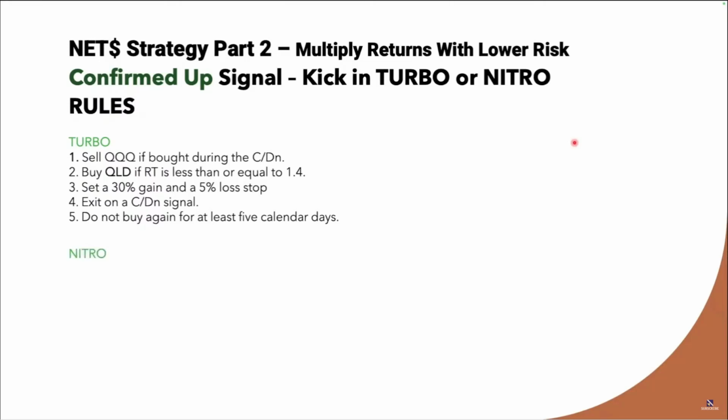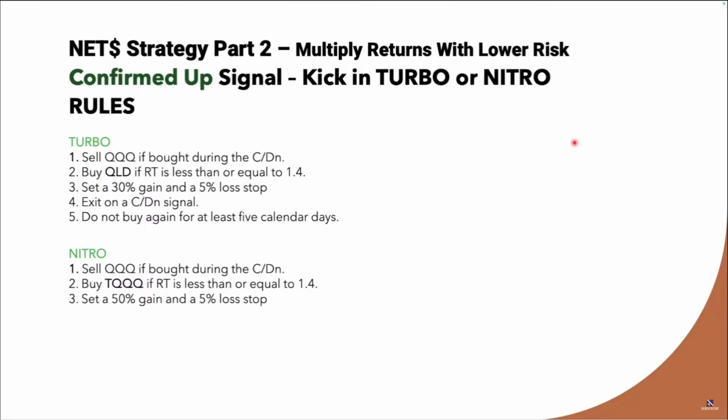So Nitro, the only difference is instead of buying QLD, I'm going to buy TQQQ, which is the triple leveraged ETF. So the rules are exactly the same, other than I set a 50% gain. Just because TQQQ really moves quickly, and I want to try and extend my gains as much as I can with that one.